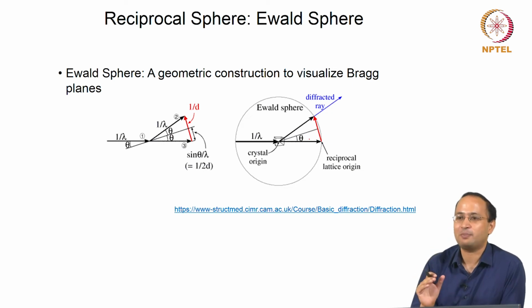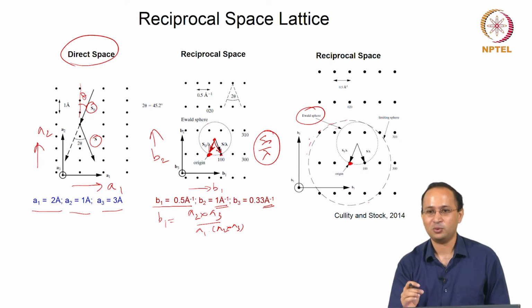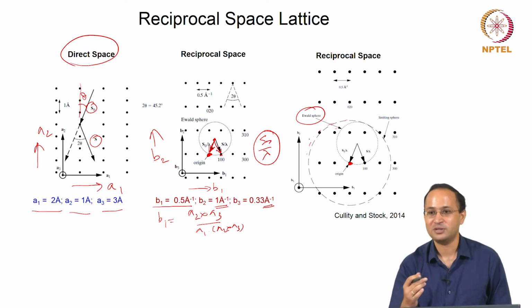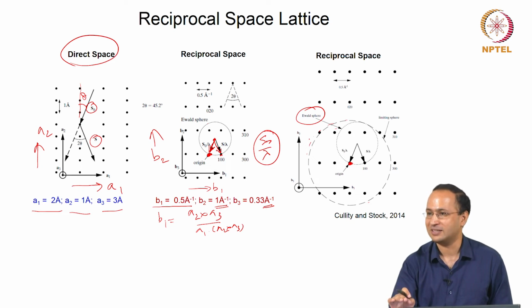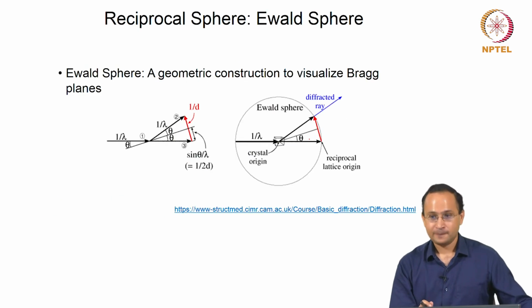It is just to visualize the planes. If you have to answer which planes will give you diffraction, you can tell from here: these planes will not give you diffraction, these planes will give you diffraction, if you can construct the reciprocal space. So, it is easier to visualize, and you see the periodicity tells about the crystal structure.